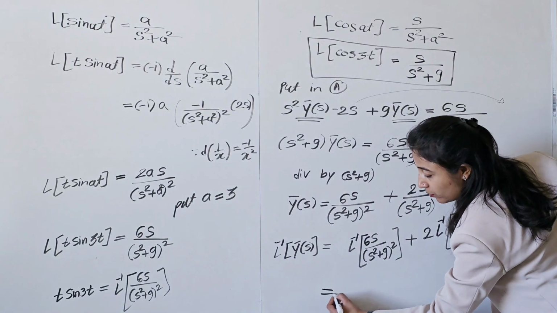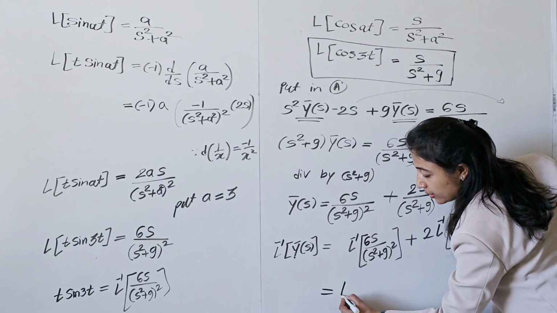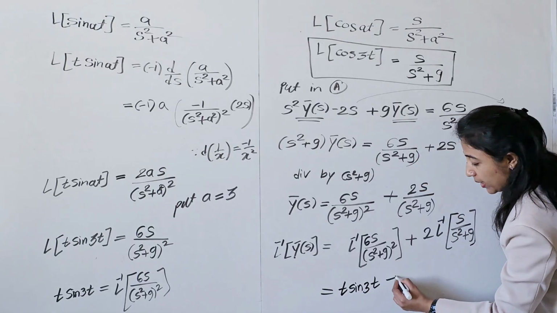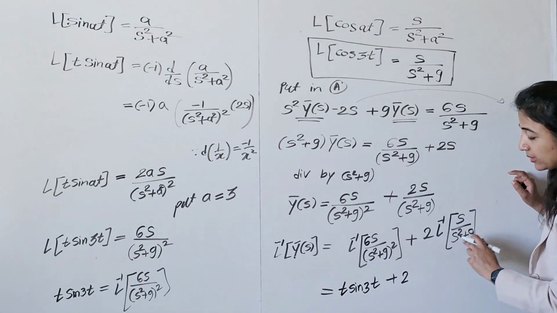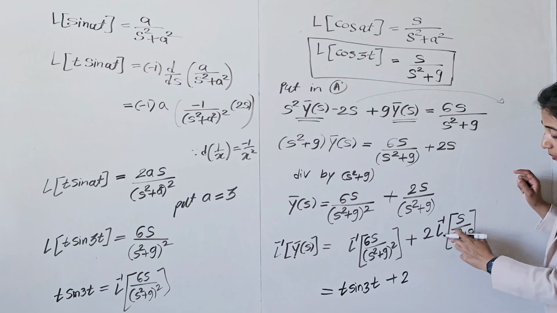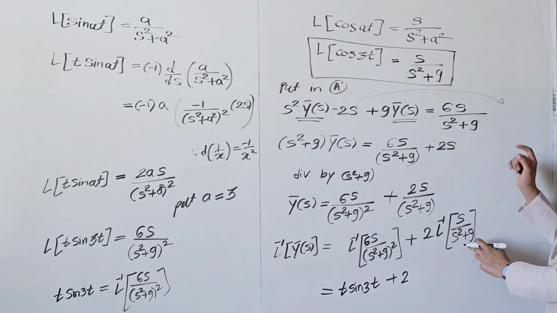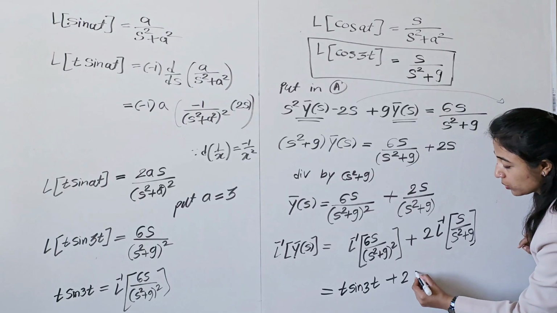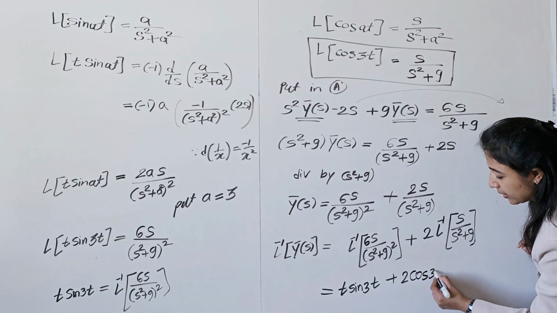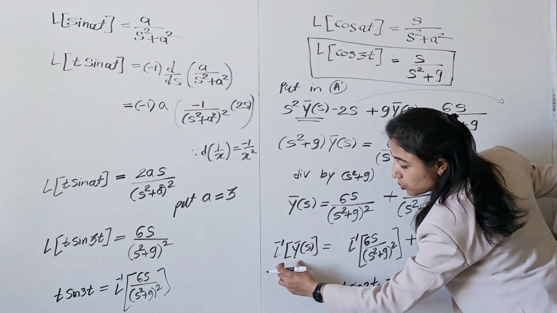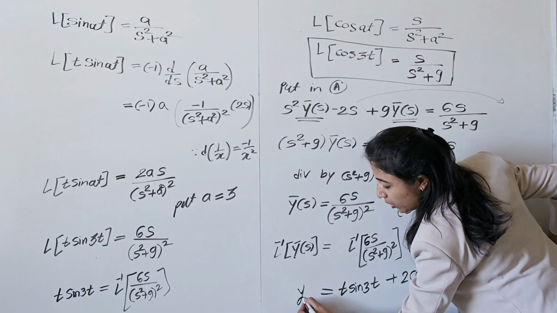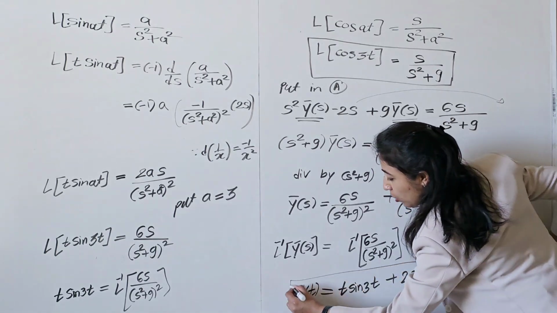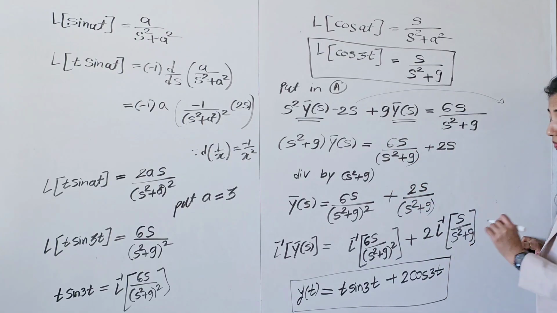Using that term directly you can write t into sin 3t plus 2, and this is a standard formula, Laplace inverse of s upon s square plus 9. See here it is cos 3t. So here cos 3t, and the left side is the Laplace inverse of y bar of s, which is y of t. Hence we get the solution of our given differential equation.